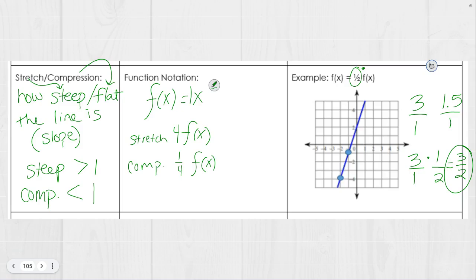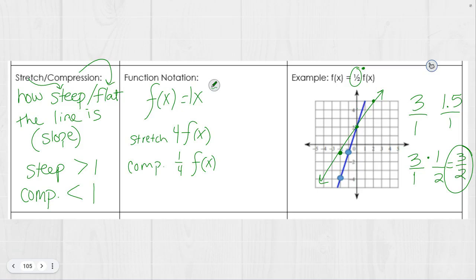So I'm going to start here, up 1, 2, 3 over 2, down 1, 2, 3 over 2. Because I'm not changing the y-intercept, so I need to start at the y-intercept, because that part did not change. So now I'm flattening this out a little bit.